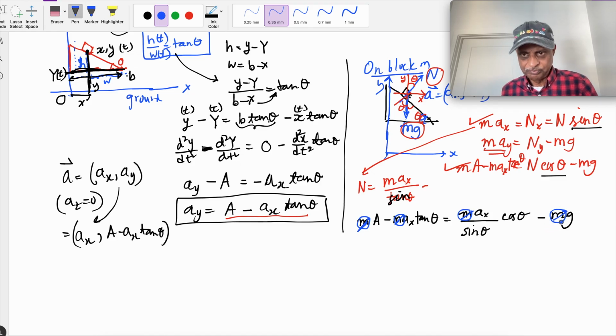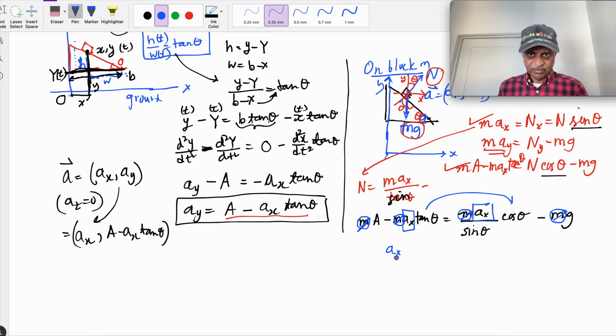This is every term, and ax is here and ax is here, so bring them on one side and bring everything else on the other side. So bring these on this side and g on the other side. So this part will say ax over tangent theta, right?